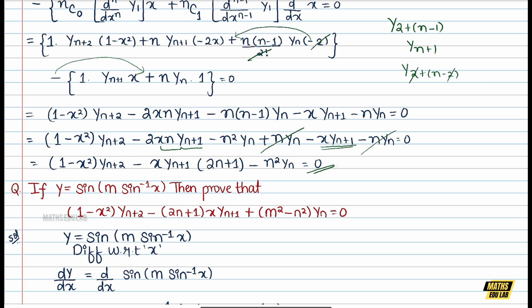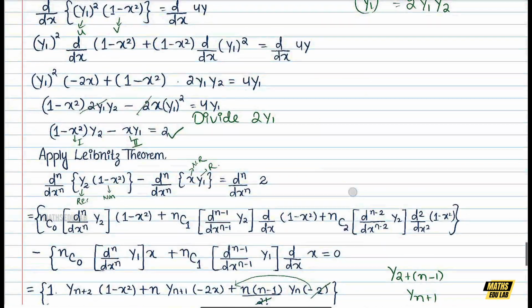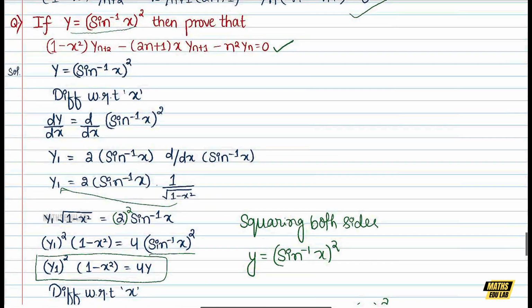So this is what was given to prove. So we have proved the equation by using the given function. You can check the value. It was given 1 minus x square yn plus 2 minus 2n plus 1 x yn plus 1 minus n square yn is equal to 0 by using the equation y is equal to sine inverse of x whole square.